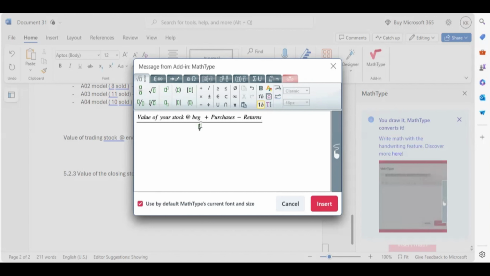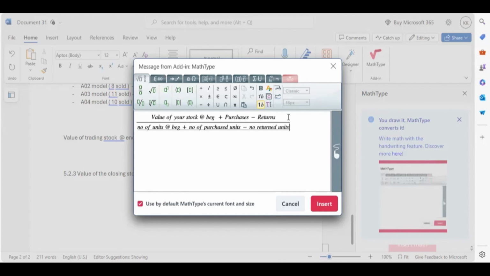So here, the first one is going to be the number of units of stock at the beginning plus the number of purchased units, less the number of returned units. And from here, you will get your average price.